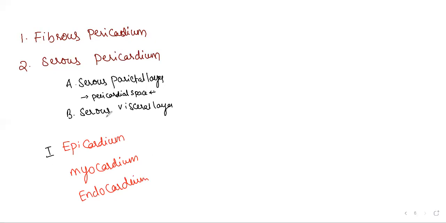But how many layers in total? From here itself, I said 8 layers, 6. Seems to be like that, but not like that. I am going to correlate it with the diagram here.